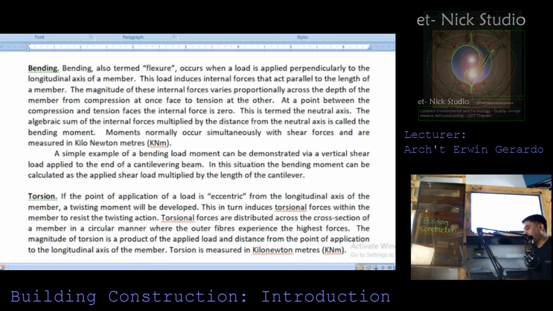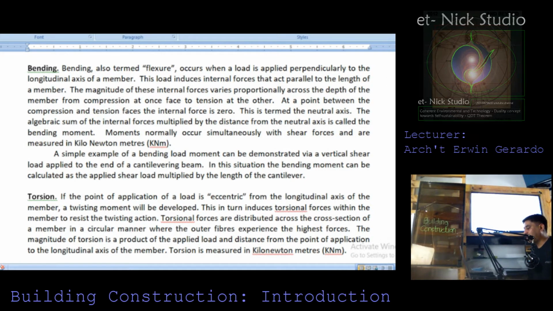At the point between the compression and tension faces, the internal force is zero. This is termed the neutral axis. The algebraic sum of the internal forces multiplied by the distance from the neutral axis is called the bending moment.